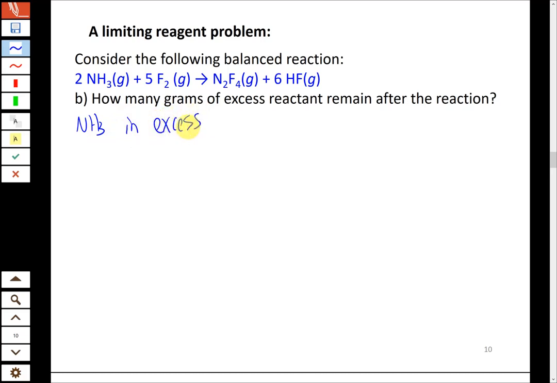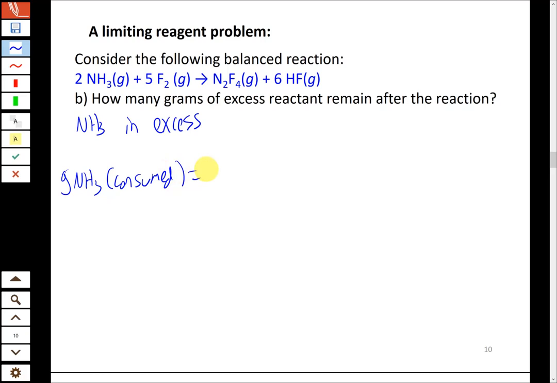The way that we find the excess reactant is a two-step process. We're first going to figure out, if we know how much limiting reactant we have, how much NH3 is required to react with that, and then we're going to do by difference how much is left over. So the first step is to figure out how many grams of ammonia, NH3, were consumed in this reaction.